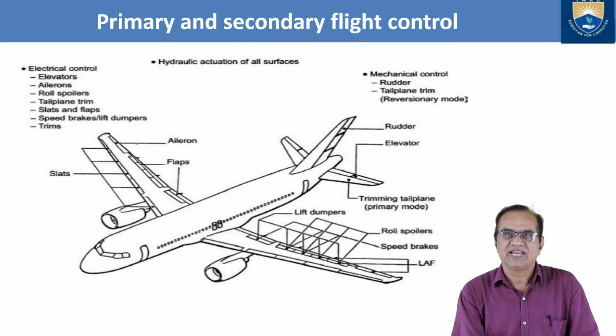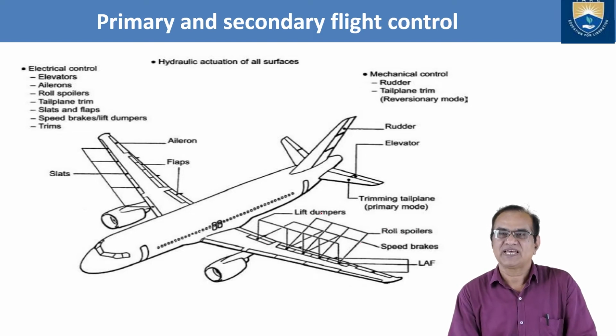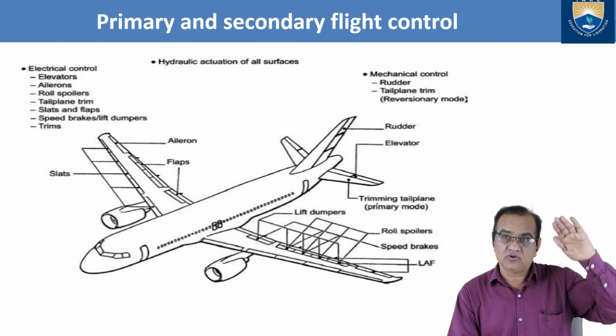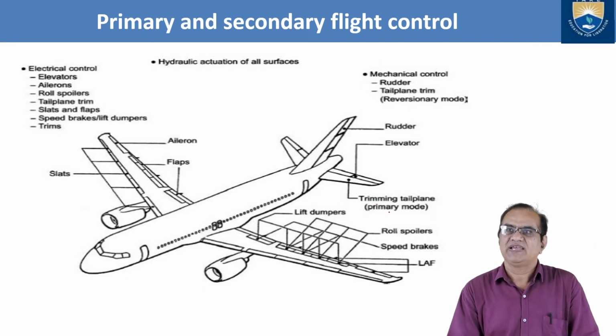You see aileron is here, flaps are here, these are the slats at the leading edge. If you see here, speed brakes are here, roll spoilers are here, lift dampers are there. Lift dampers are used to spoil or reduce the lift during landing, or if you want to come down. Trimming the tail plane, this is the trimming, we can trim this tail plane.